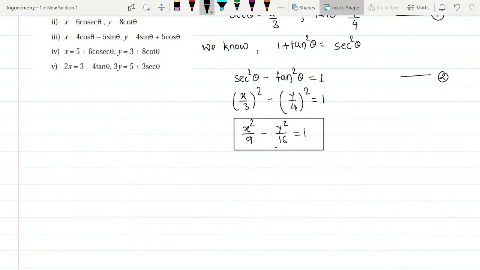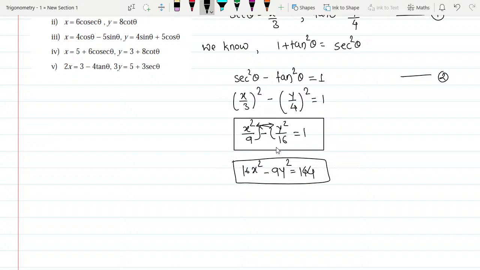So if you do the cross multiplication, this will be 16x square, this part went here, this part went here, minus 9y square equals 16 into 9, which is nothing but 144. So this also can be your answer, no problem. Either you can write this answer or that answer, no worries, both are the same.